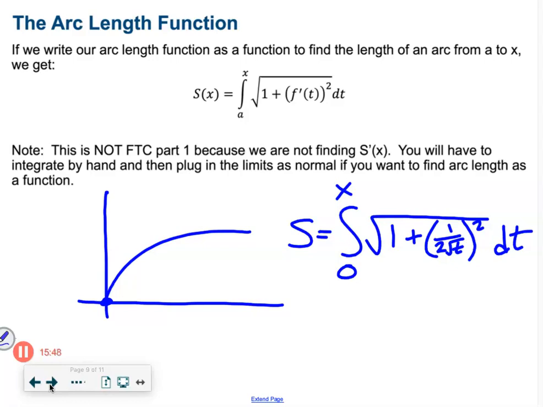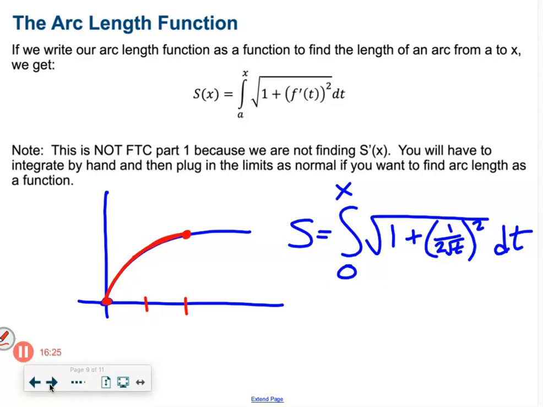So what does that mean? That means your input is now this upper limit. So this just gives you an arc length from 0 to whatever your x value is. So if I want the arc length from 0 to 1, I put in a 1. If I want the arc length from 0 to 2, I put in a 2, and so forth. It's just turning your arc length formula into an arc length function where you put in an x value and you get out an arc length. So on that function, the function itself is kind of static and the input is how far you're going on the function.